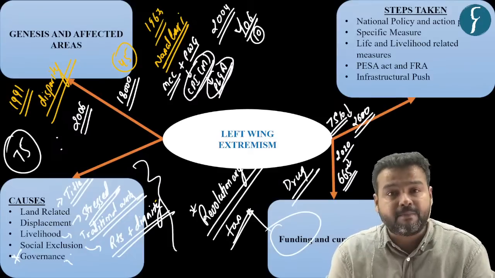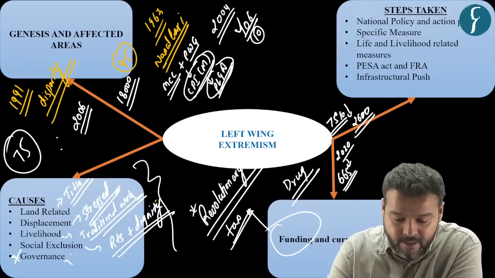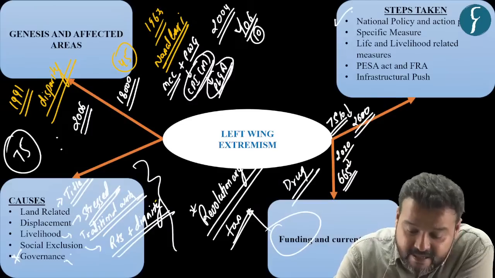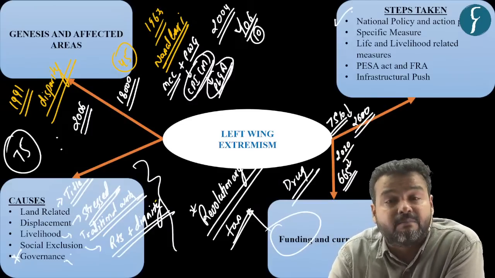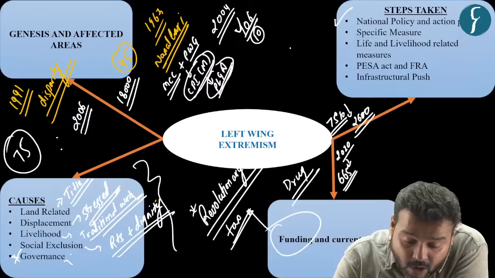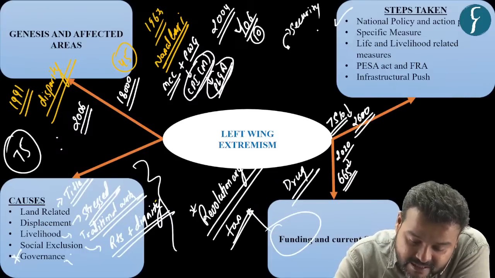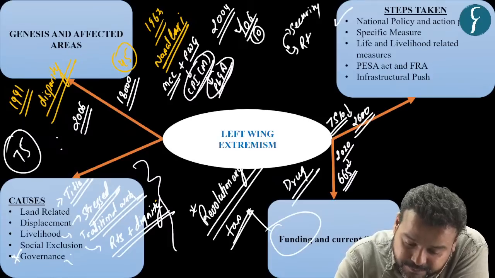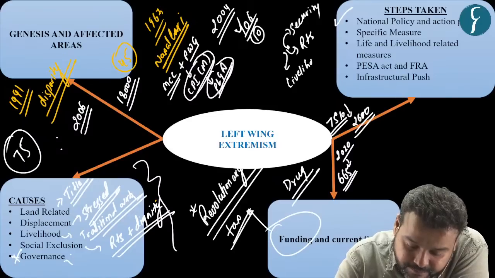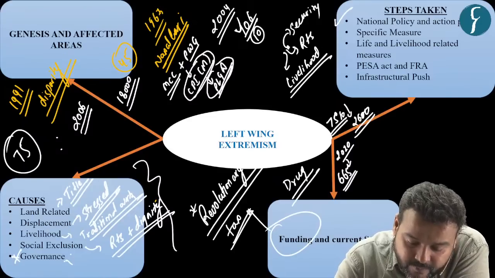So let's take them one by one. So first, there is a national policy and action plan which covers all the aspects. That is what we discussed just now: security, protection of rights, livelihood, every aspect.